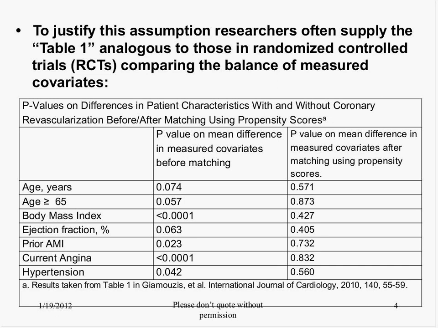They found this much more balanced, with no significant differences in these measured characteristics between treated and untreated groups after balancing using matching and propensity scores. So they relied on this Table 1 idea, that after we've matched people, we've obtained balance in measured characteristics, which is a great thing to have.